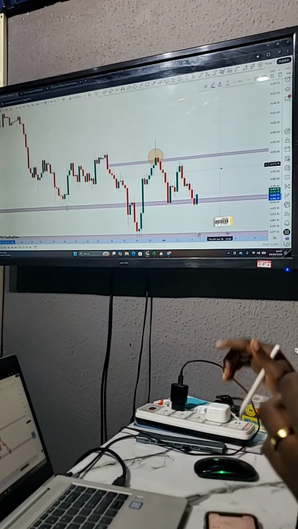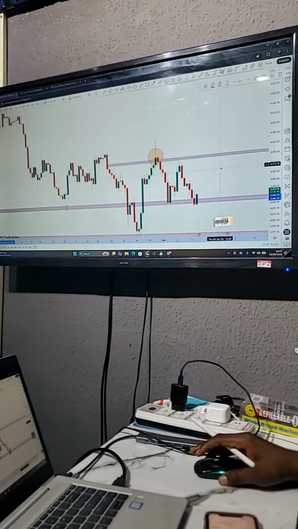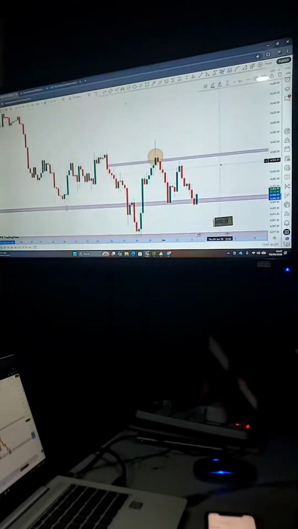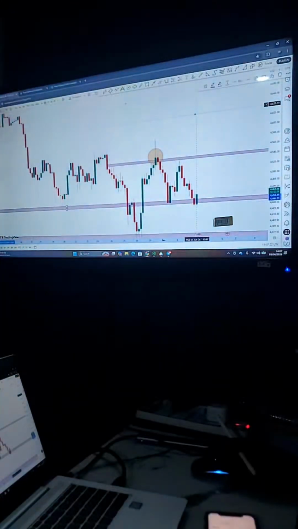The light is reflecting on this thing. Please switch it off so that they can see the candlesticks well. Okay, off and on again, guys.